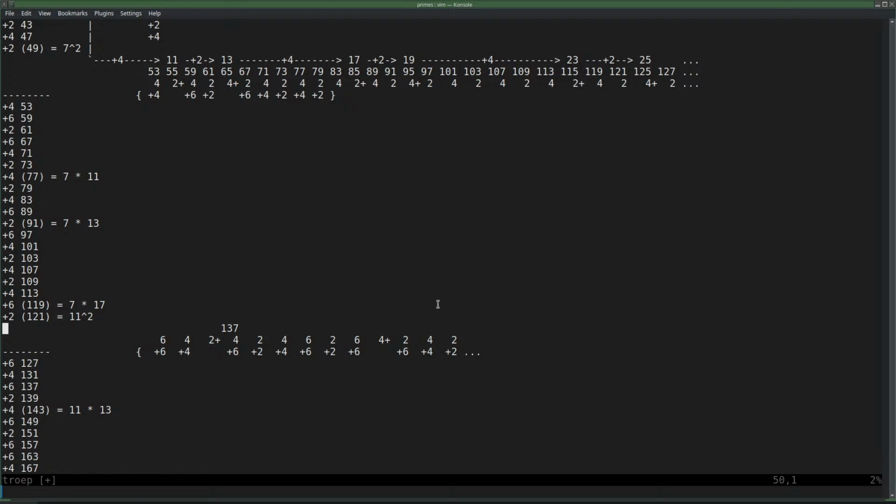One, two, three spaces. I have the feeling it doesn't fit. Oh, it does fit.